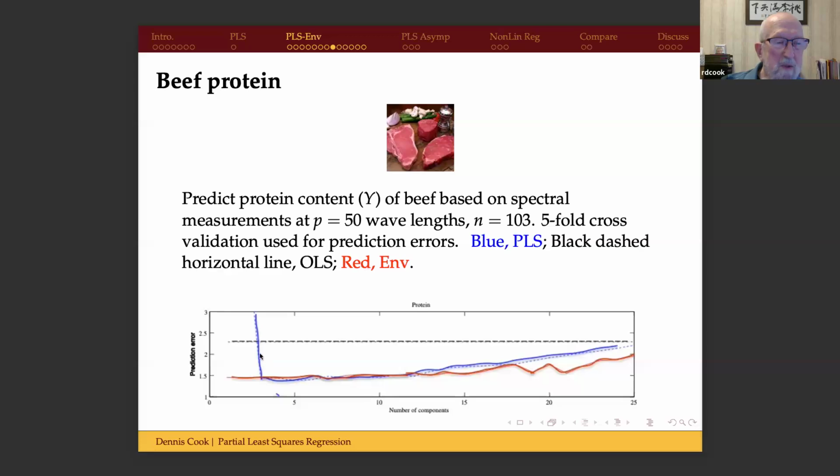You don't have this striking penalty that you might pay if the number of components is too small. But otherwise, they do pretty much the same thing. So this is the envelope methodology for the linear regression model, assuming that X and Y are multivariate normal.